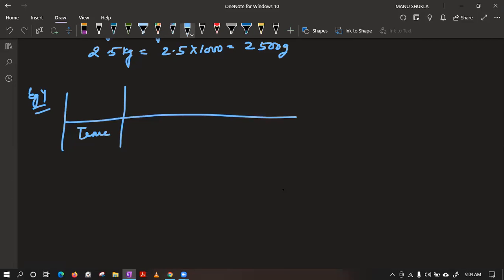Again, reading the example. A train is moving at a uniform speed of 75 km per hour. So given to us is speed is constant, 75 km per hour. How far will it travel in 20 minutes? First, we have to find how far it will travel in 20 minutes.